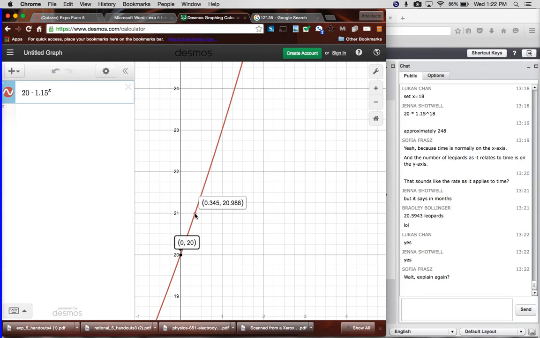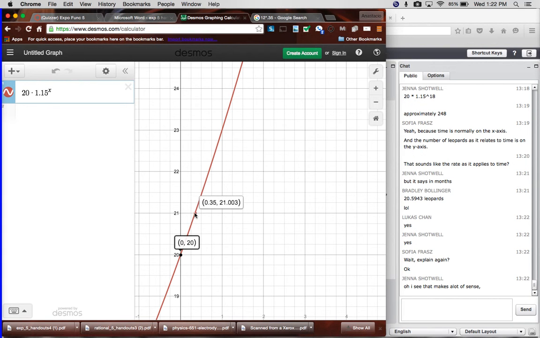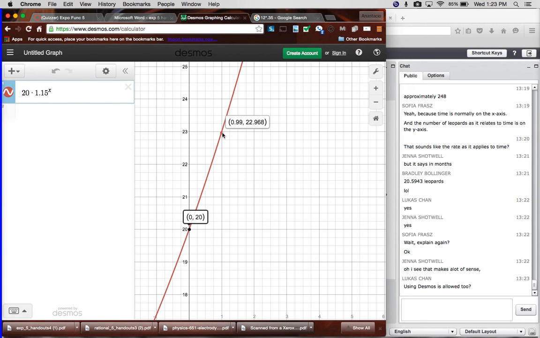After 0.345 years, or 0.35 years, I will have one more leopard. And then after about 0.67 or maybe almost 0.7 years, I'll have 22 leopards. And then after almost 1 year, I'll have just about 23 leopards.